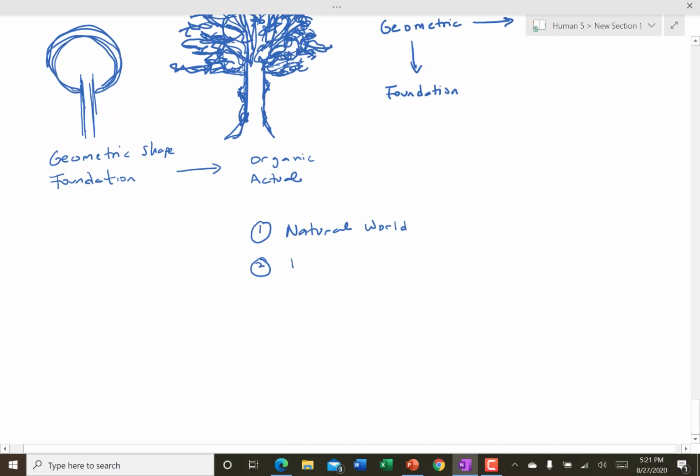So you tend to see it in plants, animals, that change constantly, and so does their form. In the natural world, their form changes through time.